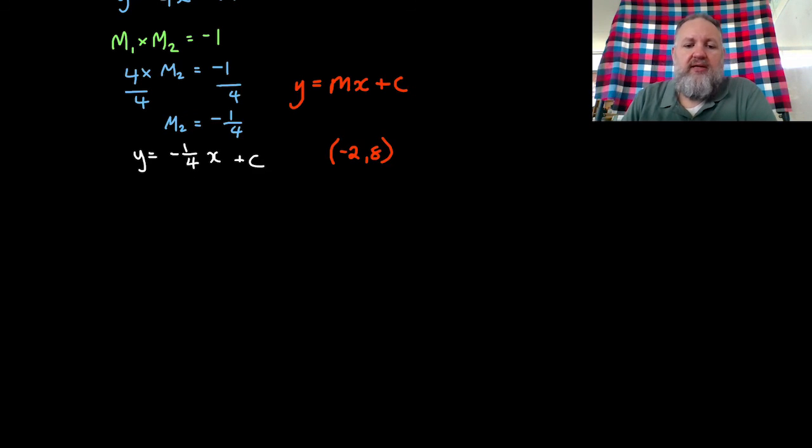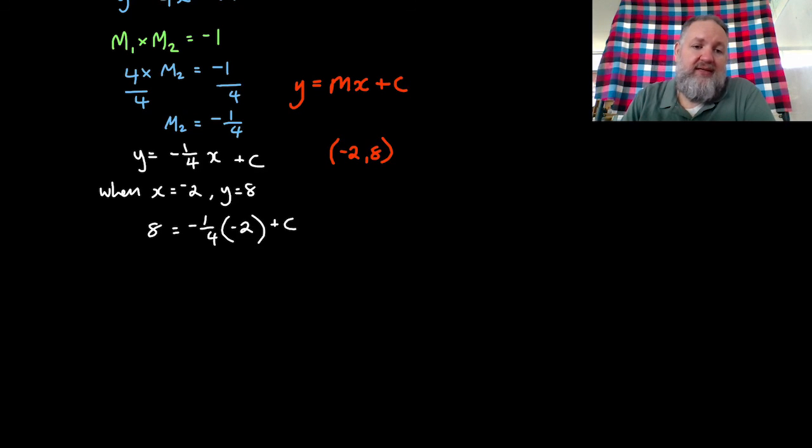So what I can do is say, well, when x is -2, y is equal to 8. I then substitute those values of x and y into my equation. I only have one unknown, which is c. I then manipulate both sides. I can multiply that out. I can then take a half from both sides, and I end up with c is equal to 7.5.